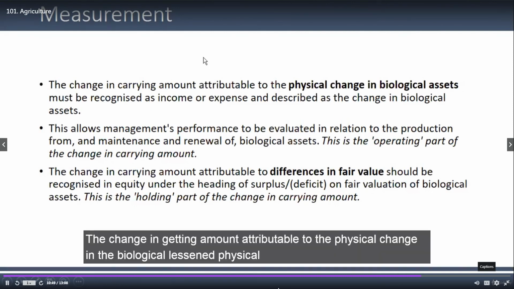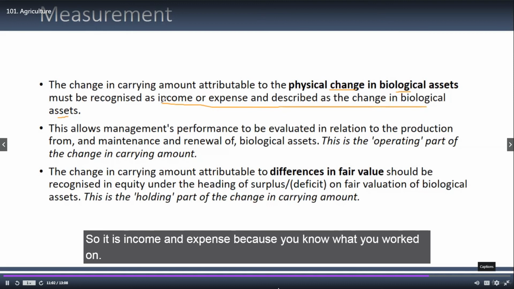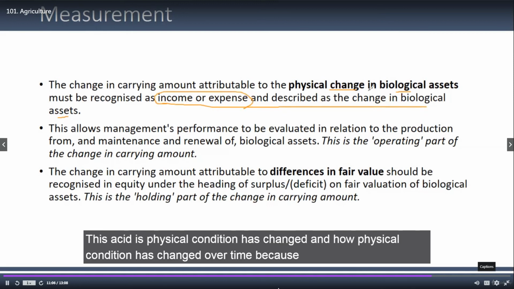The change in carrying amount attributable to the physical change in the biological asset must be recognized as income or expense and described as a change in the biological assets. So it is income and expense because you worked on this asset, its physical condition has changed. And how has the physical condition changed over time?